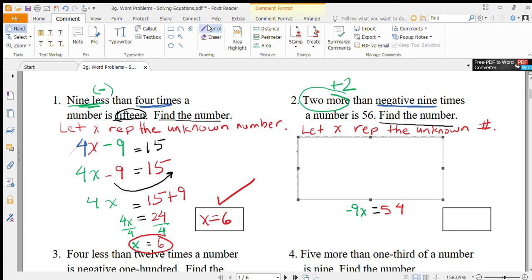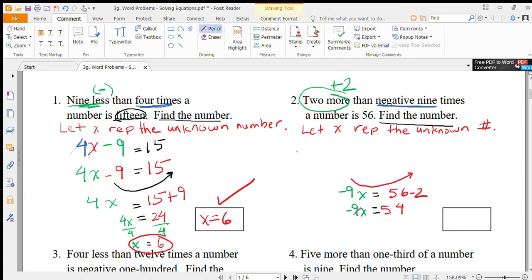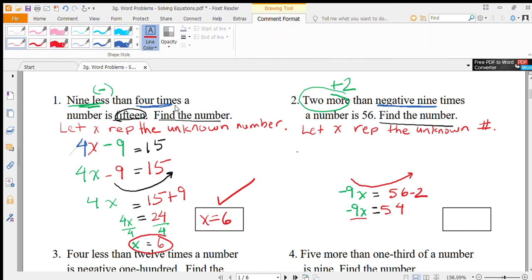So now I'm going to look at that, and I have to figure out what x is. So I'm going to divide both sides by, oops, sorry, I chose the wrong color. Divide both sides by negative 9. Divide by negative 9. So last but not least, x will equal 54 divided by 9.